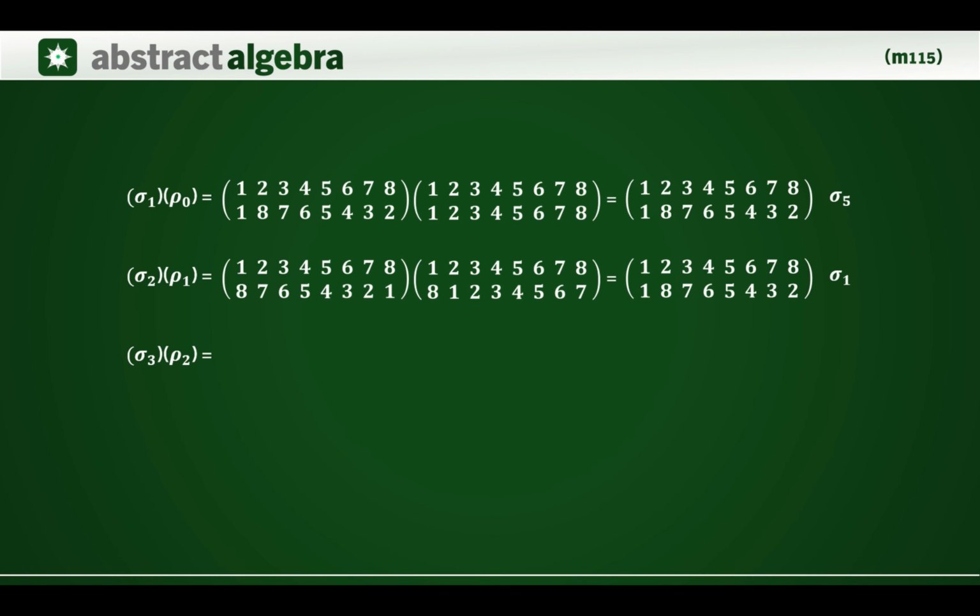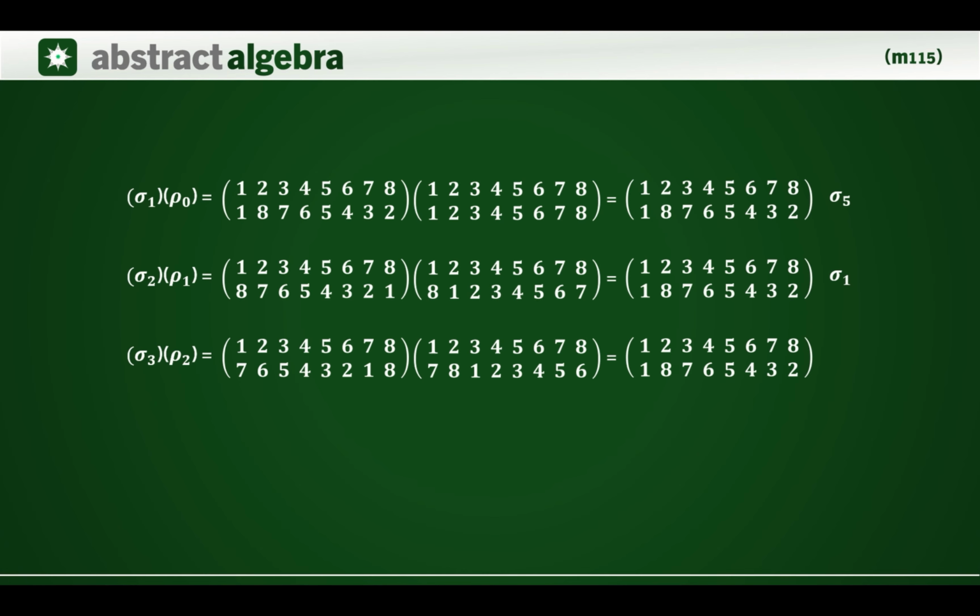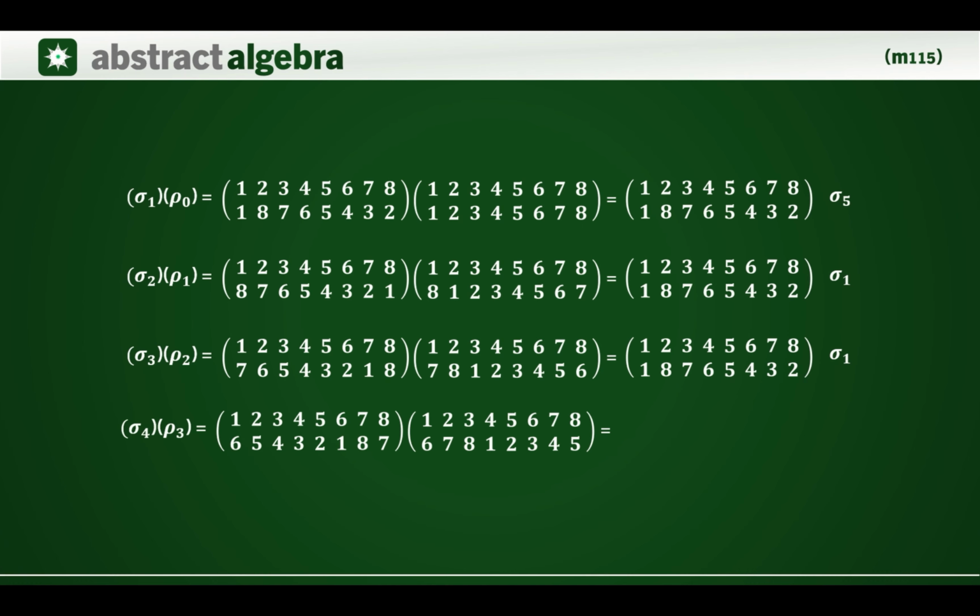Next, the composition of sigma sub 3 to rho sub 2 results in sigma sub 1. Next, the composition of sigma sub 4 to rho sub 3 results in sigma sub 1.